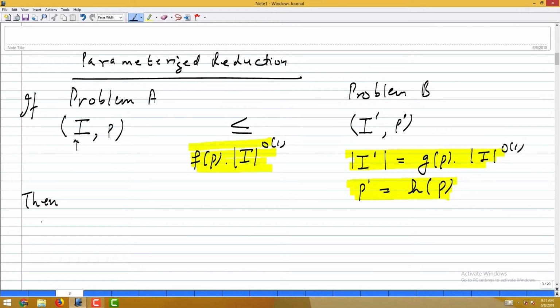then we can say that if B is FPT with respect to parameter P prime, that means B has an algorithm that runs in time, again I am using f here, it's just saying that it runs in some FPT time.